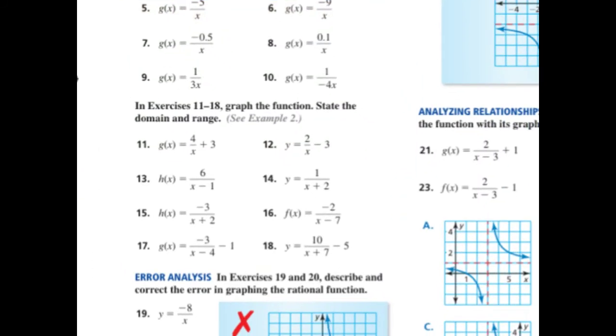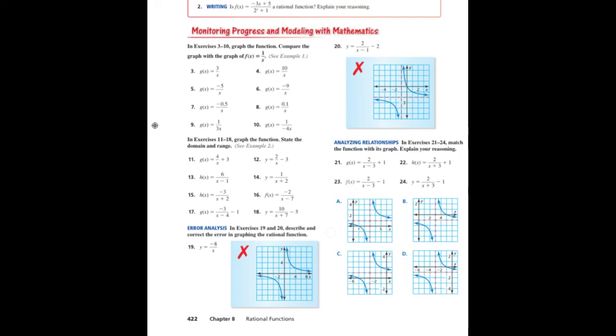Okay, what else is there? With these, you can just plot these and see if they're right or not. So 19 through 24 are all going to be pretty similar.